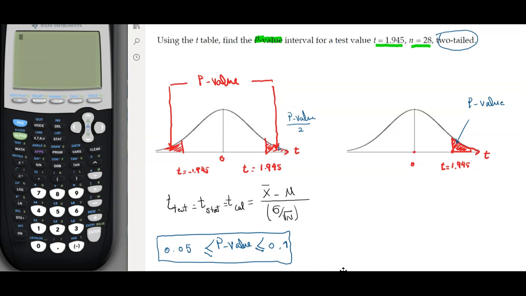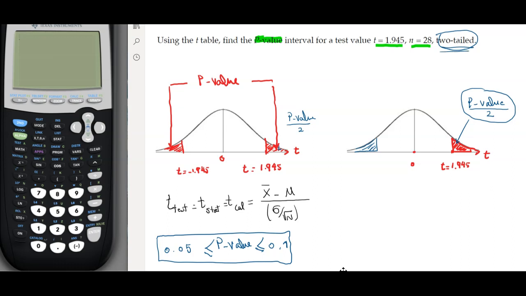It means that I have another tail from this side. So if I add another tail for two distributions, this is going to be only half of the p-value. All right. So I'm going to try to use the TI-84 to find half of the p-value and then multiply by 2 because I am in a two-tailed scenario.